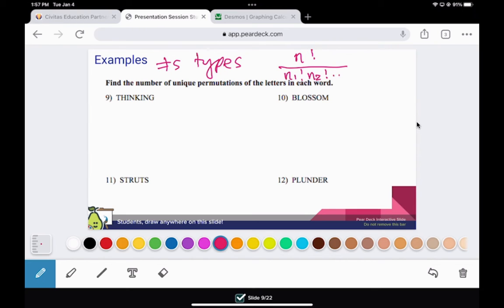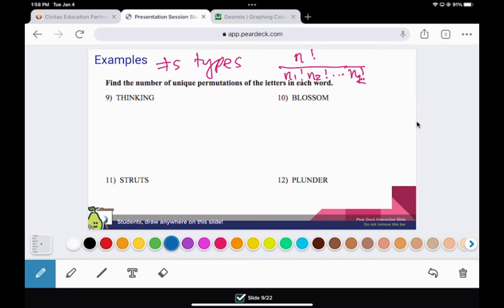This is when you have many types, and what you do is figure out how many there are of each type, and then find the factorial for each. So here are all the steps. I'm going to show you the long way, every single step you should take for the first 2 problems, just so that you understand why we do it, and then we do some more practice. We can cut down the steps later. So just bear with us, all right?